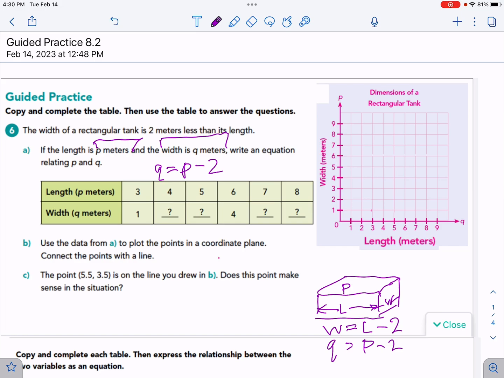The equation is q equals p minus 2. So as written, which value does the equation need to have in order to find the other one? Here we see that q needs the value for p in order for us to find it, right? And since q needs p, then q is the dependent variable and p is the independent variable.